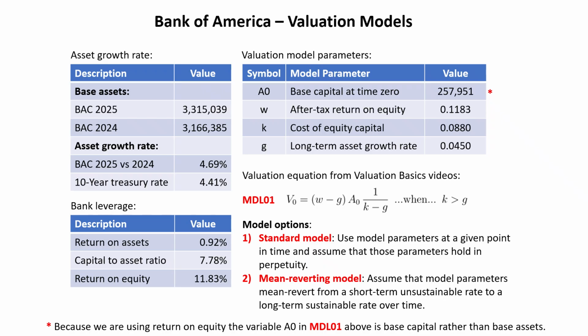So the first thing we need to do is calculate the growth rate, or the parameter G. If we take a look at that first table there, that is Bank of America's 2025 and 2024 assets. And if you do a simple calculation, the growth rate in those assets just for that year between 2024 and 2025 was 4.69%.